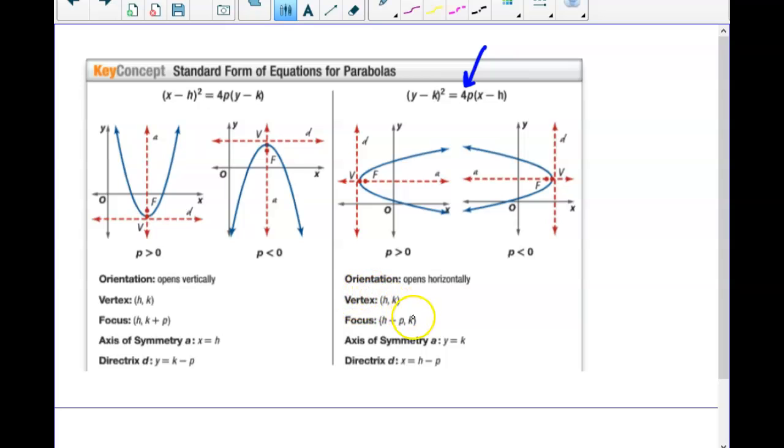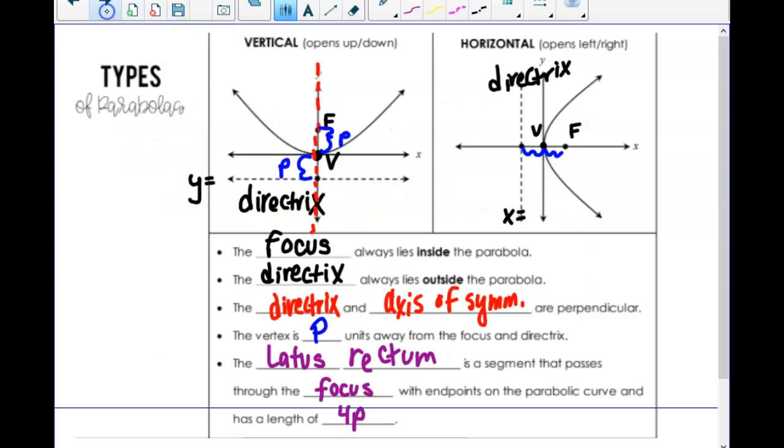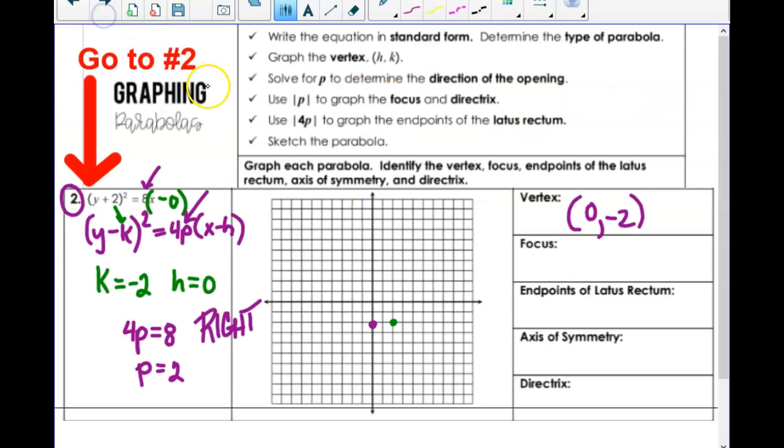Here, if it opens to the right, it says the focus is at h plus p comma k. So over here we had h is 0 and p is 2. So that gives us 2, and k was negative 2. Did that make sense for what we drew? 2 units to the right? It's at 2, negative 2.